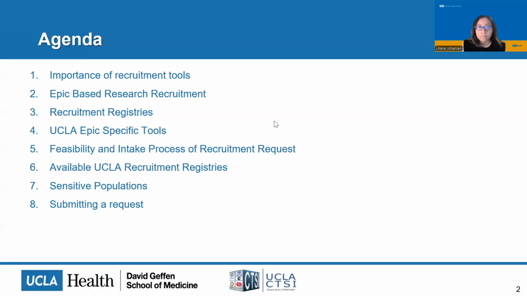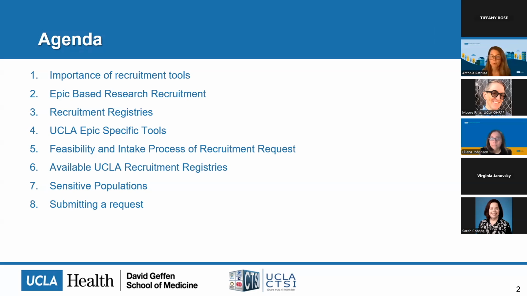So our agenda for today: we're going to be covering the importance of recruitment tools, selecting the right recruitment tools, then a little bit of background on what Epic-based research recruitment is, then our recruitment registries, then focus specifically on the UCLA Epic-specific tools you have available today, the feasibility and intake process of putting in a recruitment request to use these tools, then UCLA recruitment registries that you have available.